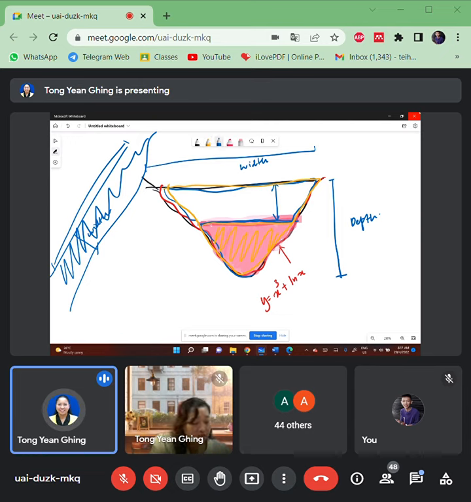In Simpson's rule, we have to divide into a few segments, and then you have to know the x step size, which will be the same for all. Then you solve the integration using Simpson's 1/3 rule.